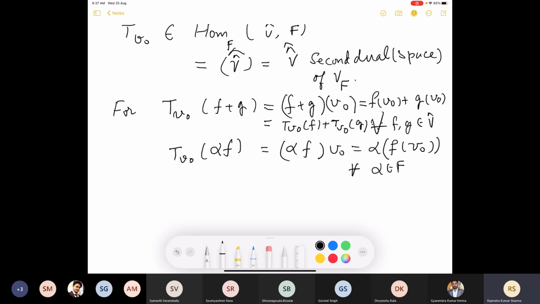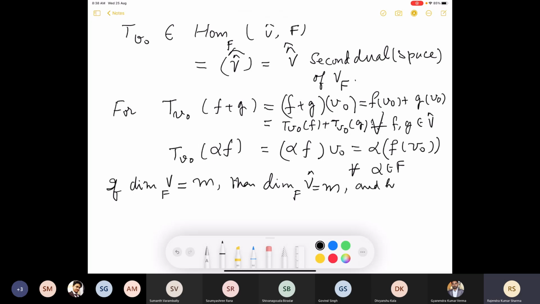And one more word about the dimensions. So if the dimension of V over F is m, then we know that the dimension of V hat over F is also m. And you apply this same again, this is true for every vector space.